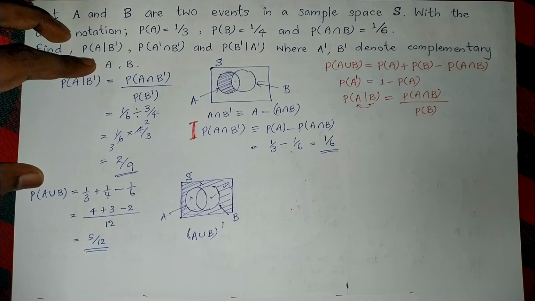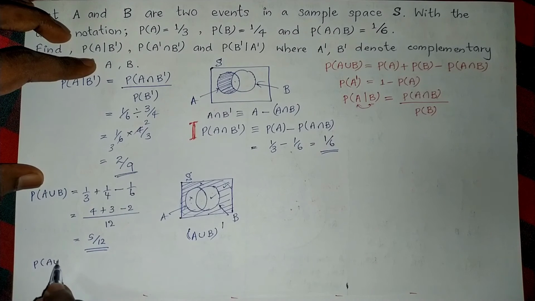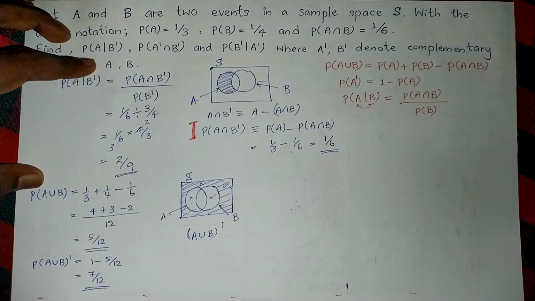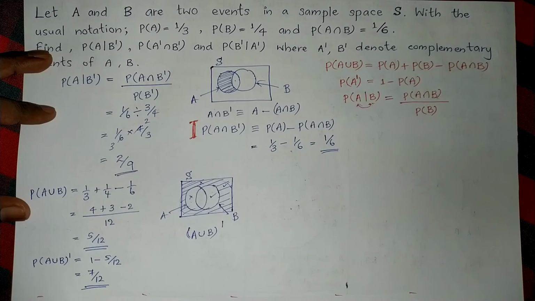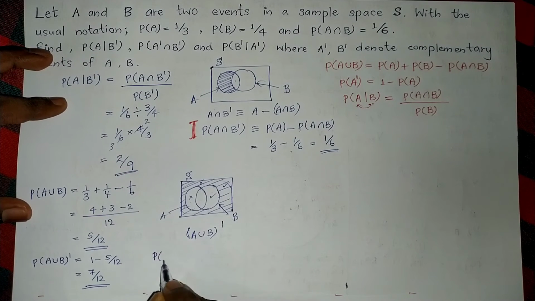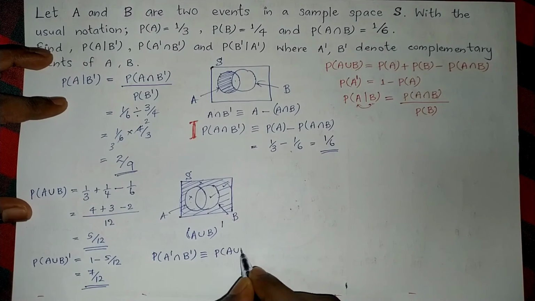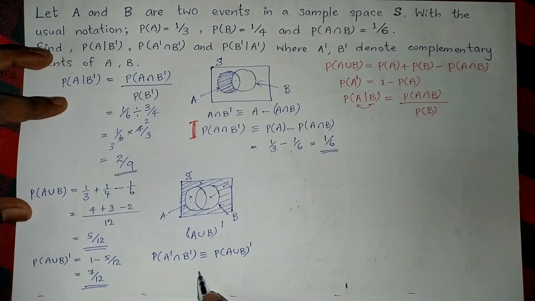This is the probability of A union B, which is 5/12. Complement of that is 1 minus 5/12, which is 7/12. So probability of A dash intersect B dash is equivalent to probability of (A union B) dash, which is 7/12.